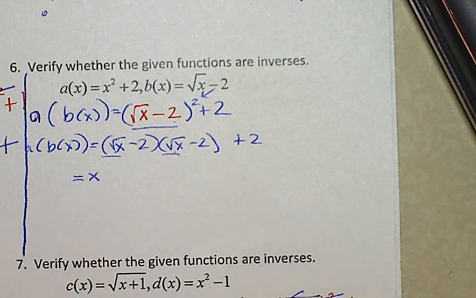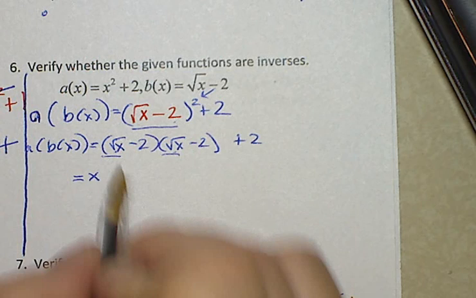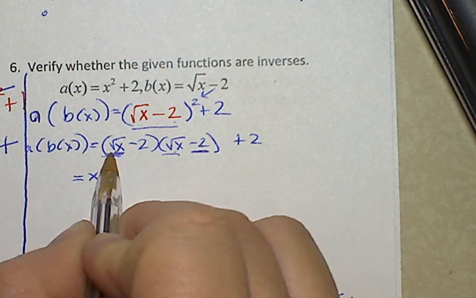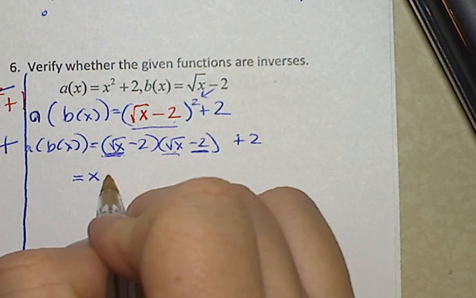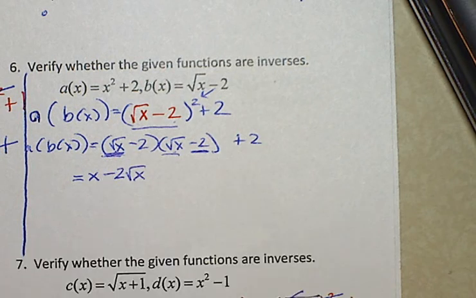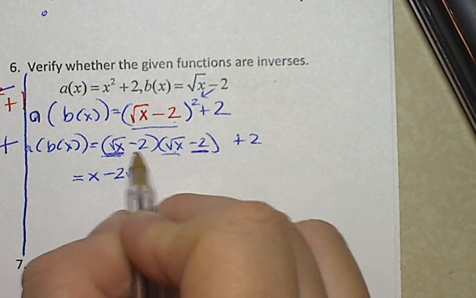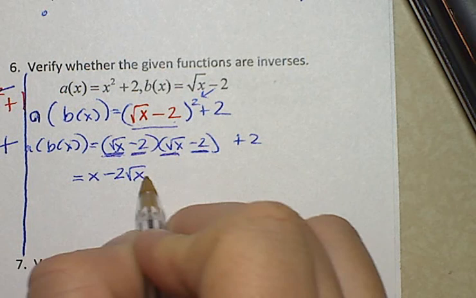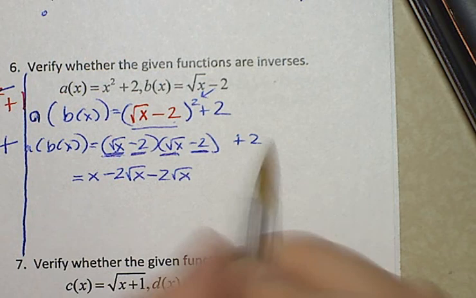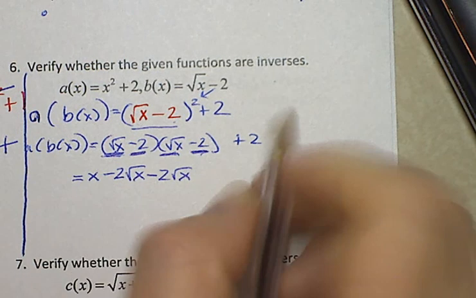Now O for outside. So the outsides would be the square root of x times -2. Square root of x times -2 pushed together to get -2 square root of x. Insides, exact same thing. -2 times the square root of x, again pushed together. And last, -2 times -2 is 4.